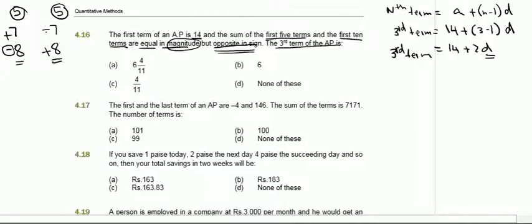To find d, the question has given some additional information to us, which is that the sums of the first 5 terms and the first 10 terms have the same magnitude but an opposite sign. So we can say that the sum of the first 5 terms is equal to the sum of the first 10 terms with a negative sign.